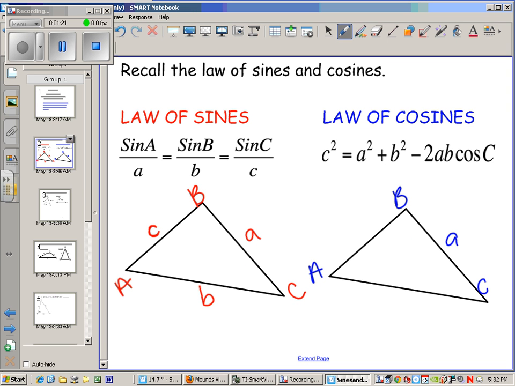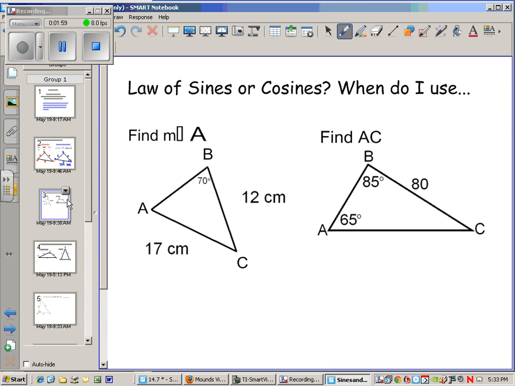Again, we have little a across from angle A, little b across from angle B, and little c across from angle C. Law of cosines says side c squared is equal to a squared plus b squared minus 2 times a times b times the cosine of our angle C. So this is our angle C. Now recall that side C is always across from angle C. So if we look at law of cosines, we should always need, remember from yesterday, 3 sides and we're trying to find an angle, or we need a side, an angle, and a side, and we're trying to find the opposite side.